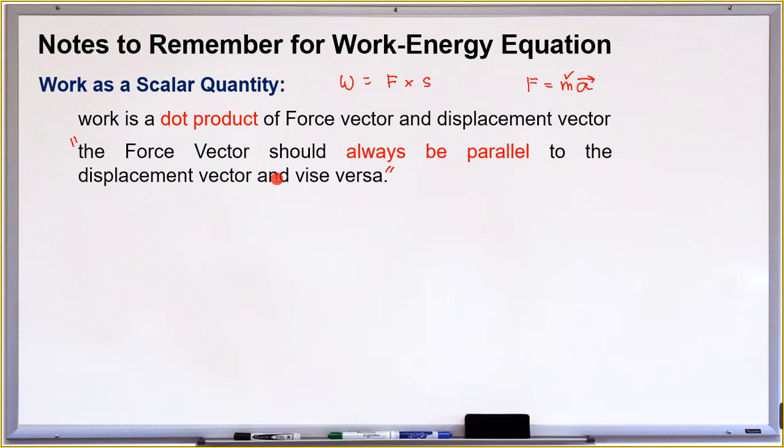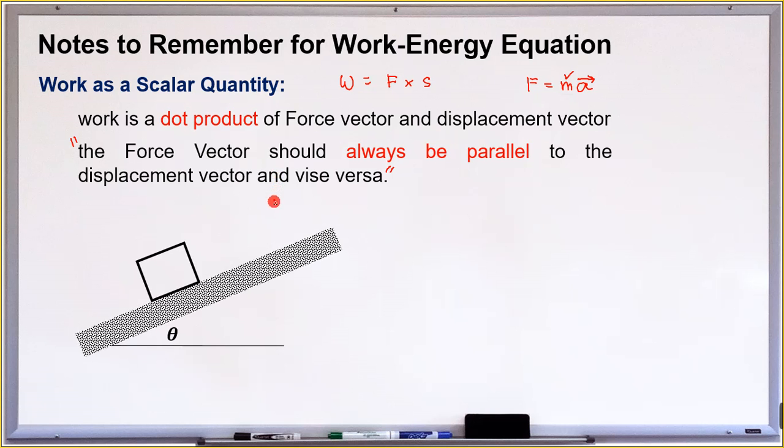It needs to be parallel. So we have an illustration here. We have a block that rests on an inclined plane at an angle of theta. And let's say we apply a force parallel to the horizontal surface, but not on the inclined plane. And then we want to move this block up the inclined plane by the displacement s as shown in this figure.